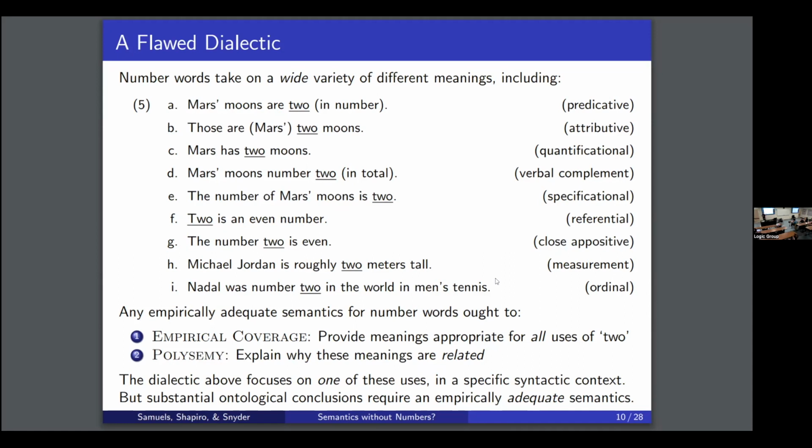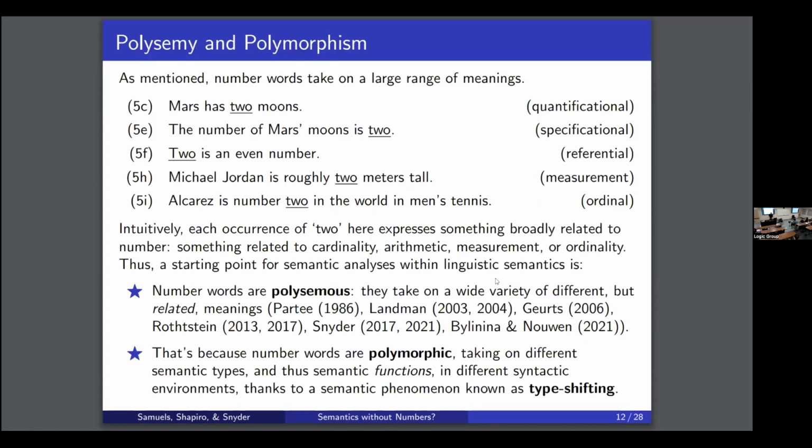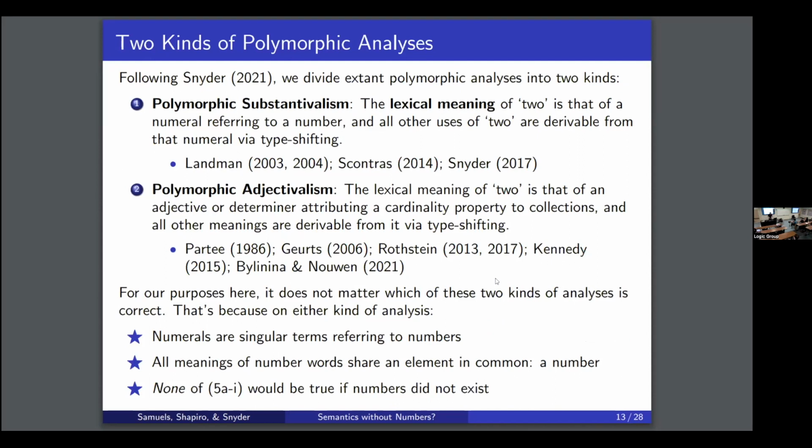Again, there are different analyses on which the basic meaning of two differs, right? That's what separates different polymorphic analyses. For our purposes here, it doesn't really matter which kind of polymorphic analysis is correct.